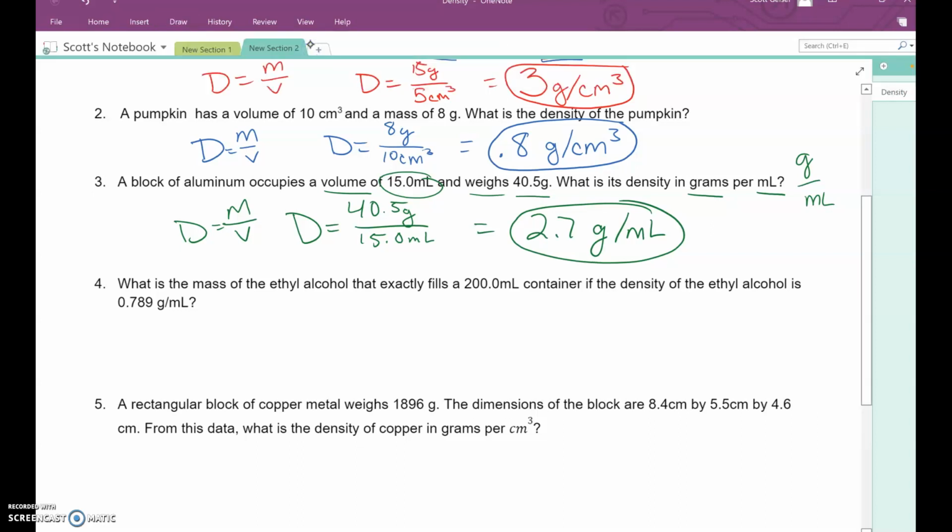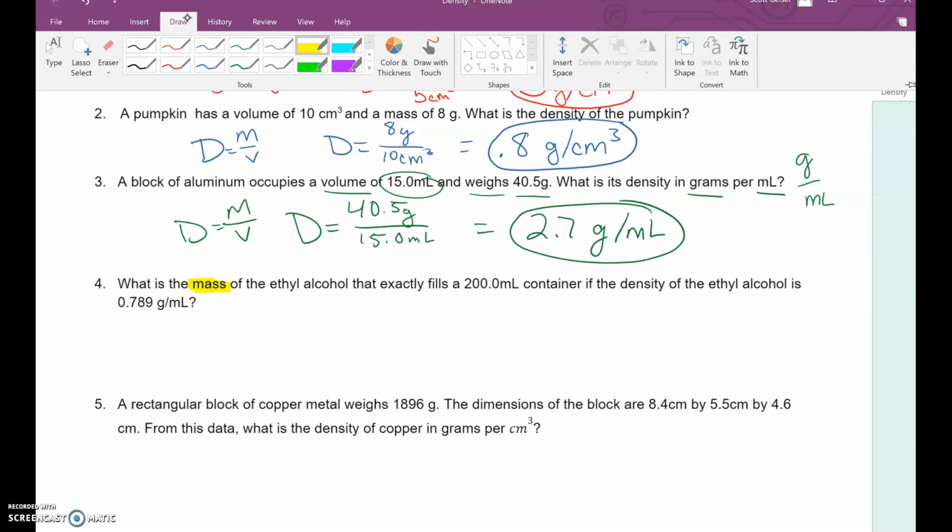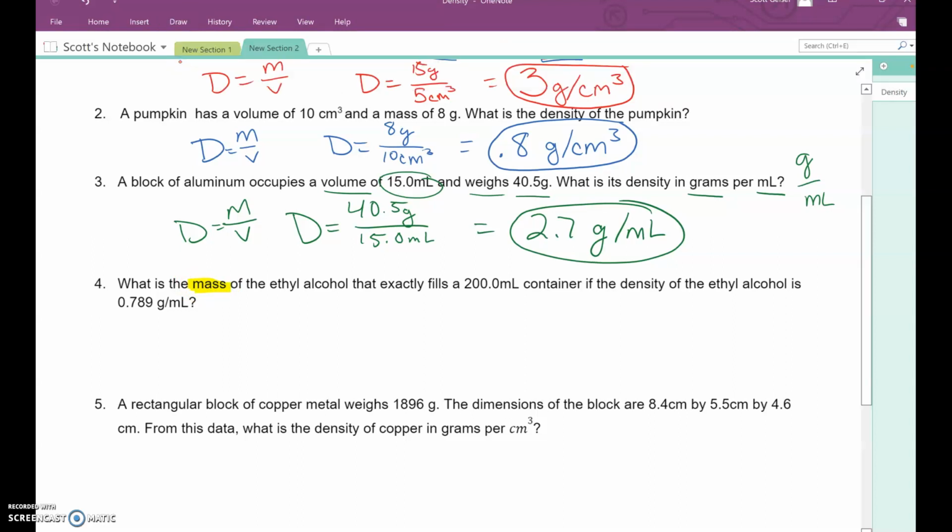For the next one, it's asking what is the mass of ethyl alcohol that exactly fills a 200 milliliter container. This is your volume. If the density is 0.789 grams per milliliter. This is going to look a little bit different.